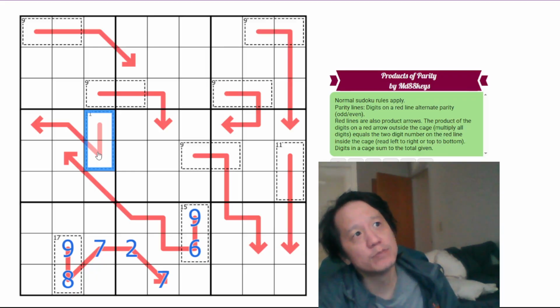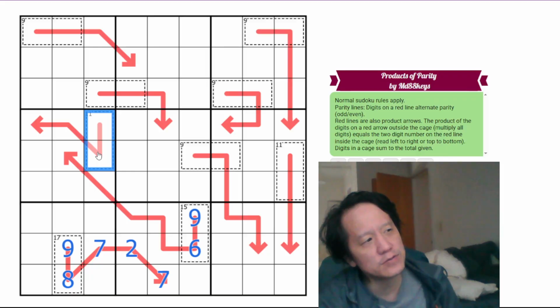29 is prime, so that's not allowed. 92, if you divide, okay, so 92, obviously you can divide by 4. 92 divided by 4 is 23.